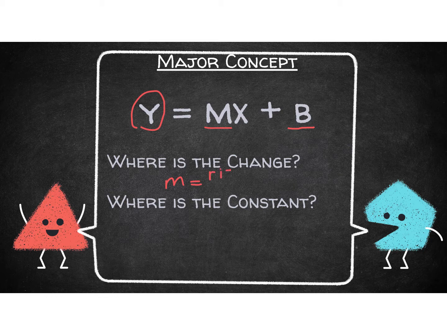It's the rise over the run if we're looking at a graph, or if we're given points, it's the change in the y's, y1 minus y2 over x1 minus x2, and the constant is going to be your y-intercept. So you graph, find where you cross the y-axis, the b, and then you count rise over run. That's how you set up your slope-intercept equation.